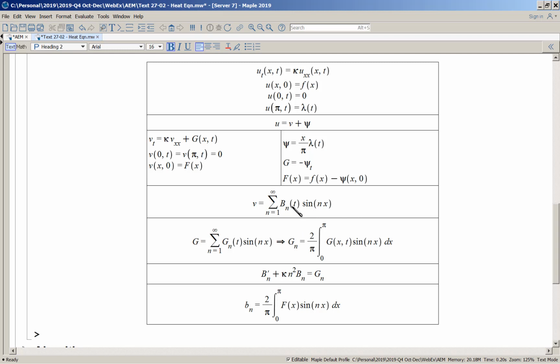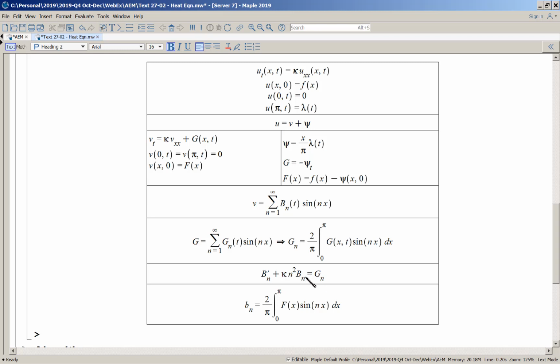But the coefficients are functions of t. And so these big bn's are functions of t. In order to find those, you first have to express g in a Fourier series with coefficients that are functions of t. And so you can compute those because you know what g is, and so these integrals can be evaluated. The b's will satisfy an ordinary first-order differential equation, non-homogeneous.